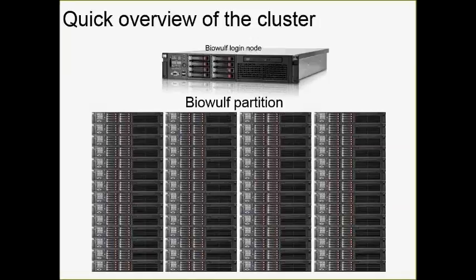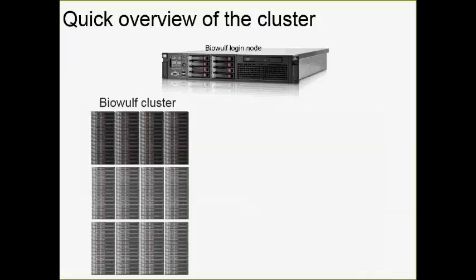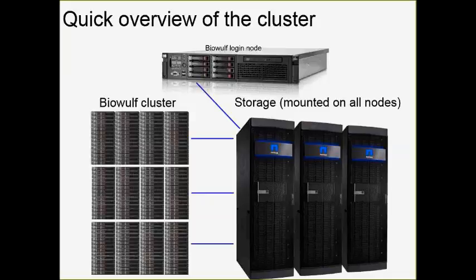If you're a CCR person, you've got your own partition, and so on and so forth. That partition sits somewhere in the cluster. And then we've got storage, which is mounted to all the nodes throughout the cluster. Anywhere you end up being, you can see your data, your same directories, and your code. All that follows you around wherever you go.